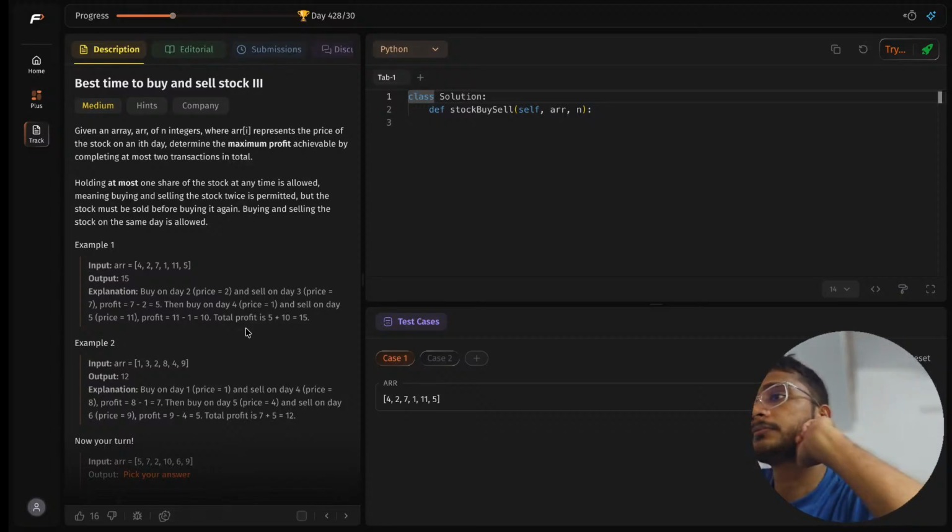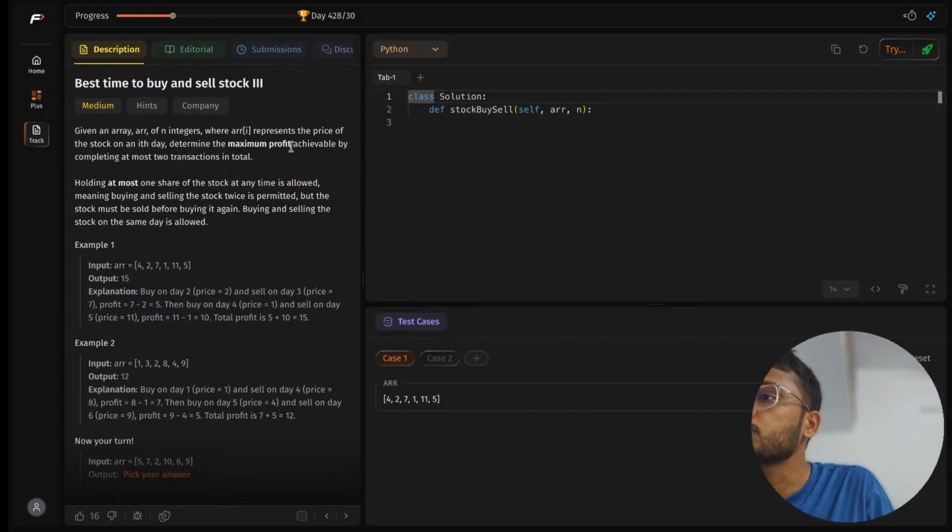Okay, so this is the same thing. At most two transactions in total.